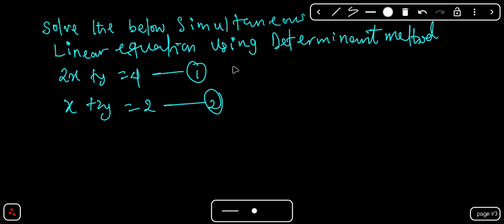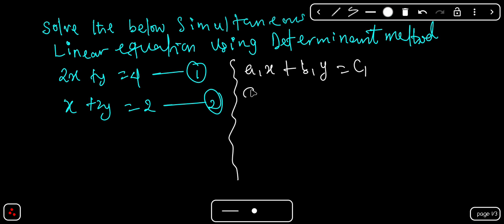Now the first thing that we're gonna do is to rewrite this whole equation in matrix form. Before that, let me quickly remind us of the general form of a simultaneous equation, which is a1 x plus b1 y equals c1, then a2 x plus b2 y equals c2.